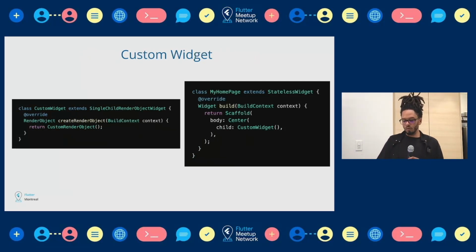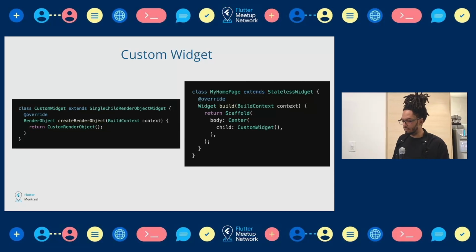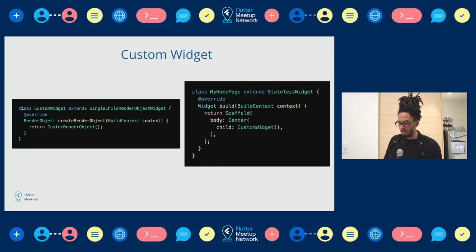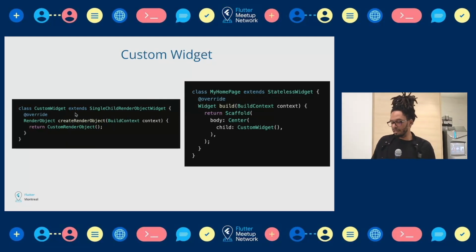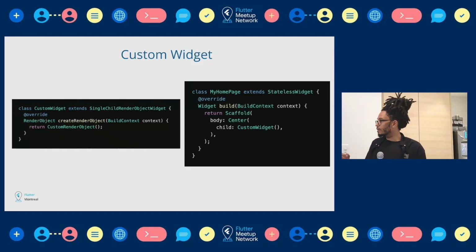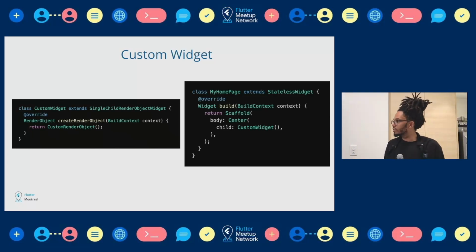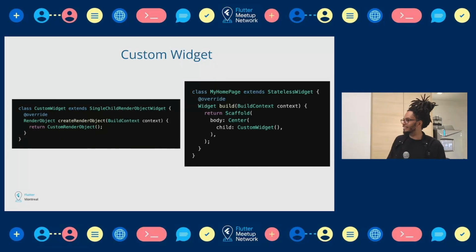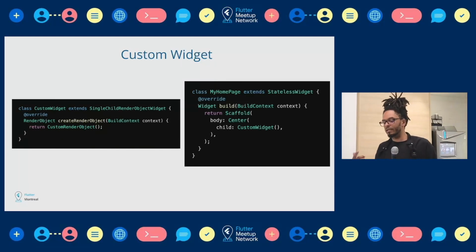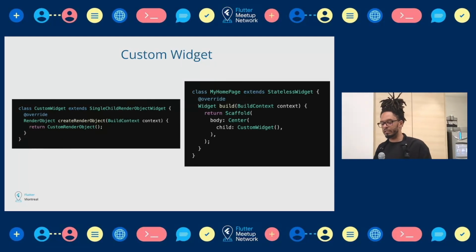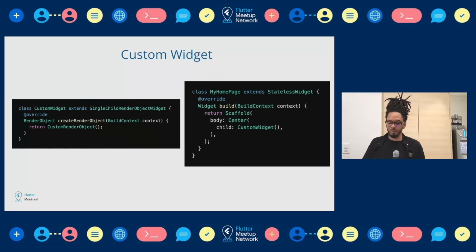Next, you will implement the actual widget that you'll use in your tree on the right. Okay, so you'll name your widget. In this case, I call it custom widget. It extends one of the render object widget subclasses. So the single child render object widget is a widget that takes one child. You have the multi-child render object widget, which is like a column, for example, that takes many children.